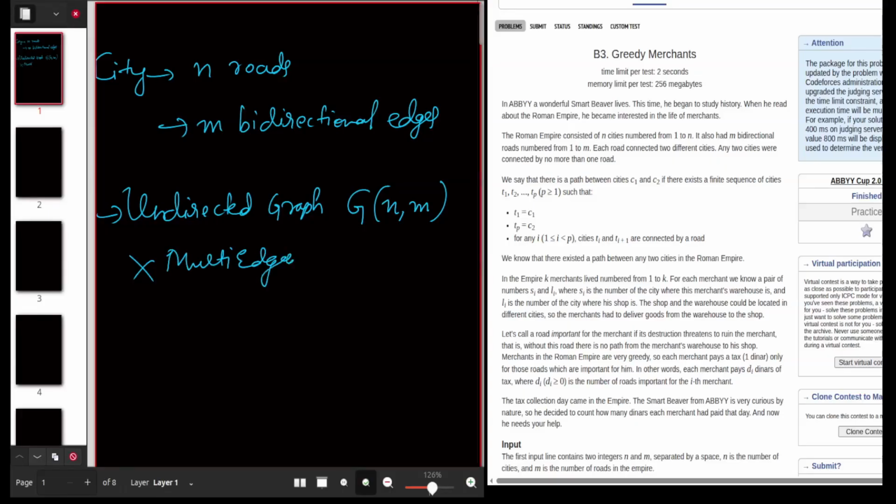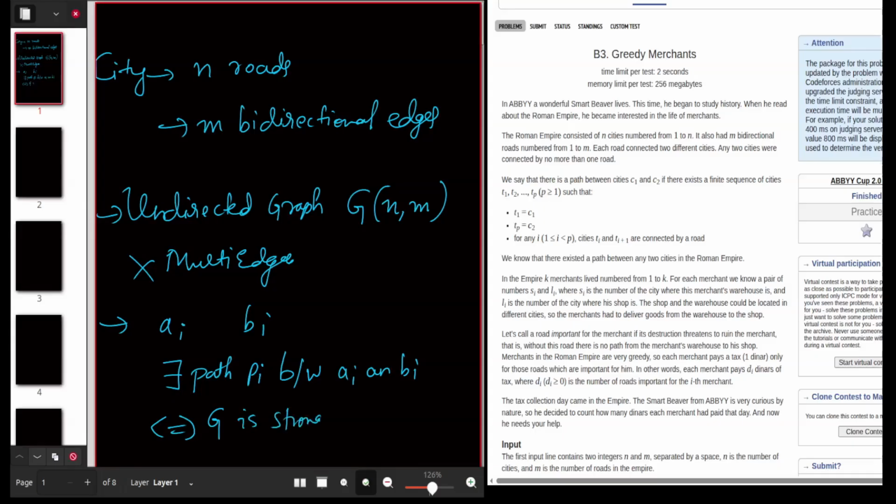And also there existed a path between any two cities in the Roman Empire. So you take any node Ai and any node Bi, there always exists a path Pi between Ai and Bi, implying that the graph G is connected.